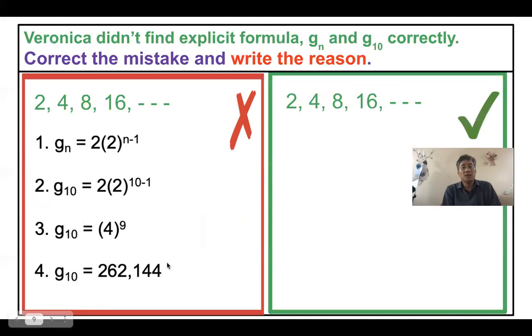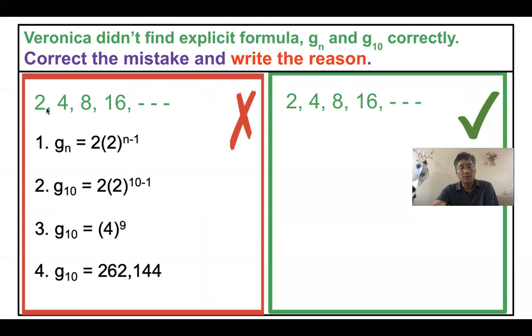So let's practice with this error analysis. Veronica didn't find the explicit formula correctly. Can you find out what the mistake is and write down the reason? Let's try together. The formula we know: g of n equals a1 times r, the common ratio, to the n minus 1 power, right?